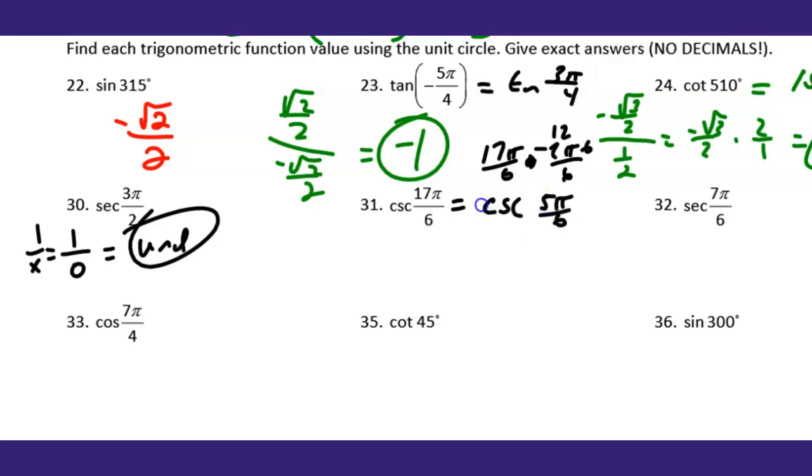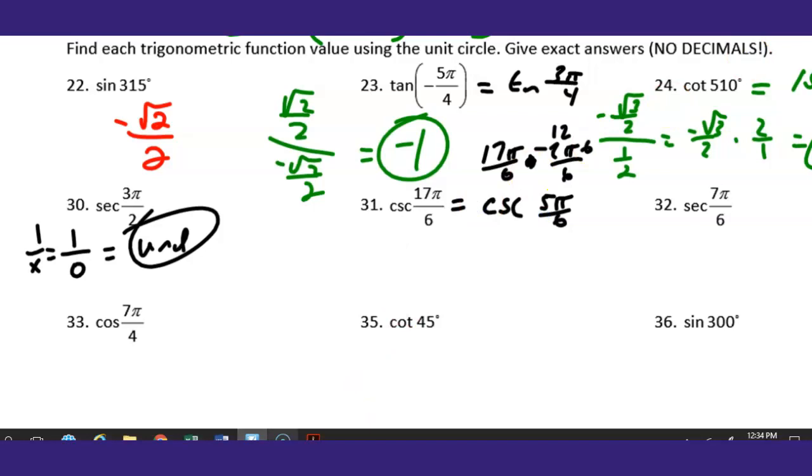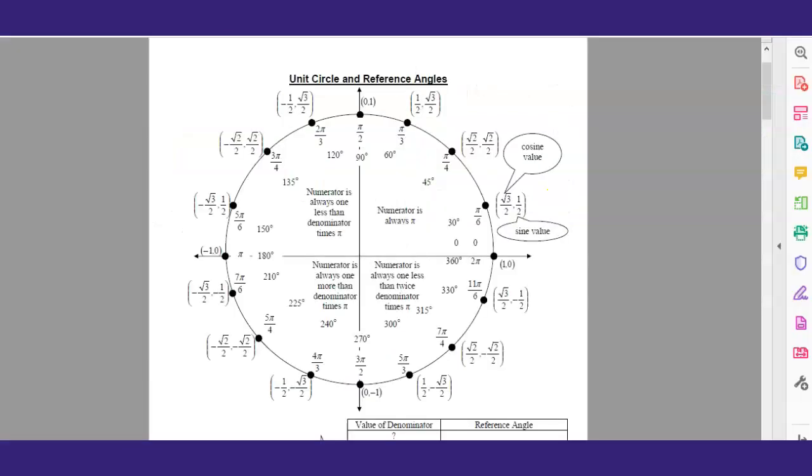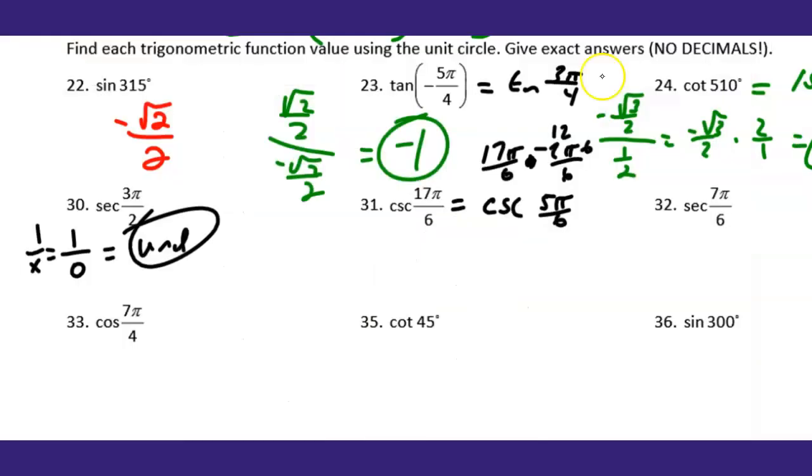And again, 5 pi over 6 is right here on the unit circle. So we're doing cosecant, which is 1 over sine, or 1 over y. So we go 1 over 1/2. That equals 1 times 2 over 1, which is 2.